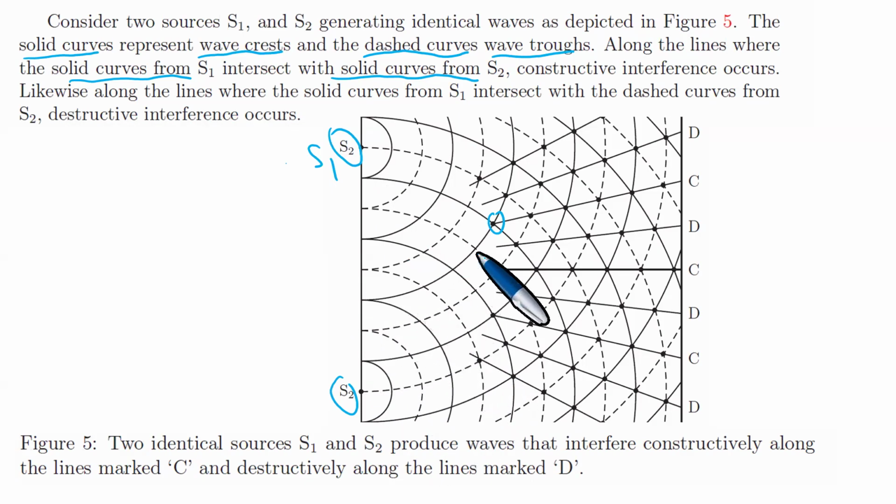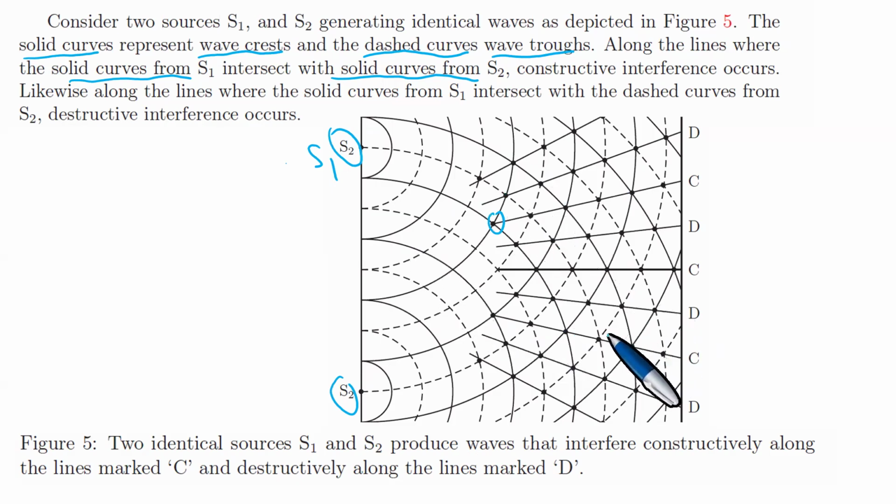Take a look at this one, the dashed one from S2. Let's look at the solid ones from S1. If this is S2, these are the dashed ones. Dashed, dashed, dashed, dashed.